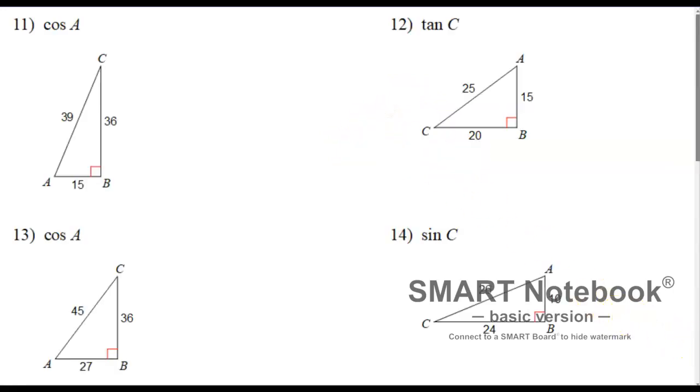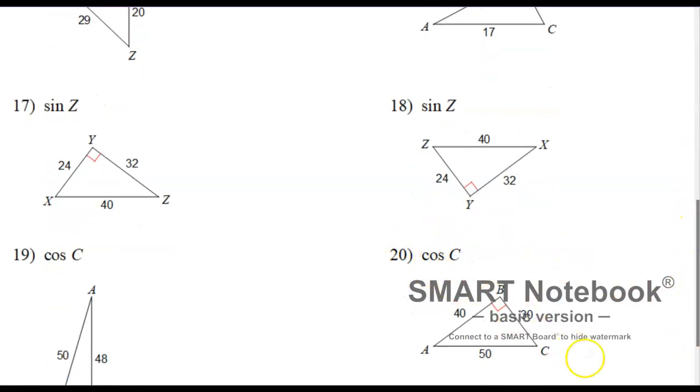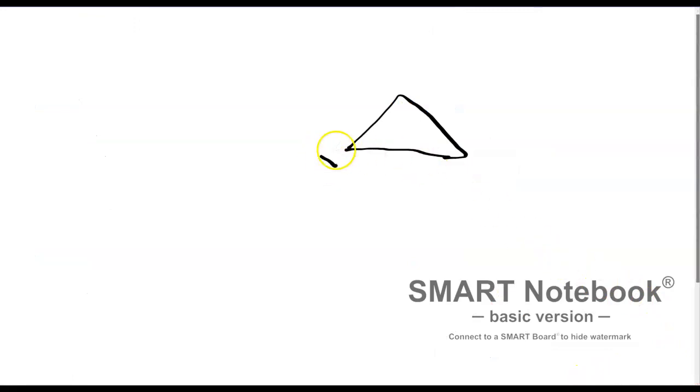What else we got? Okay, 24, 32, 40. This is 17 again, exactly like this in your notebooks.